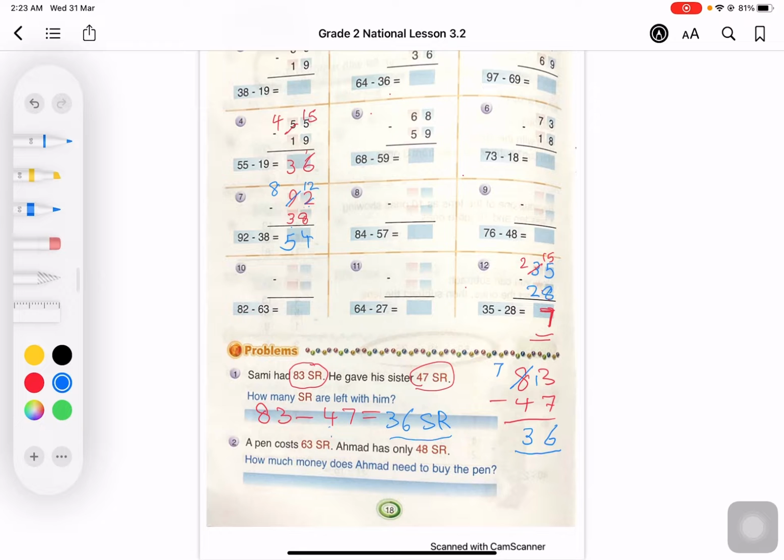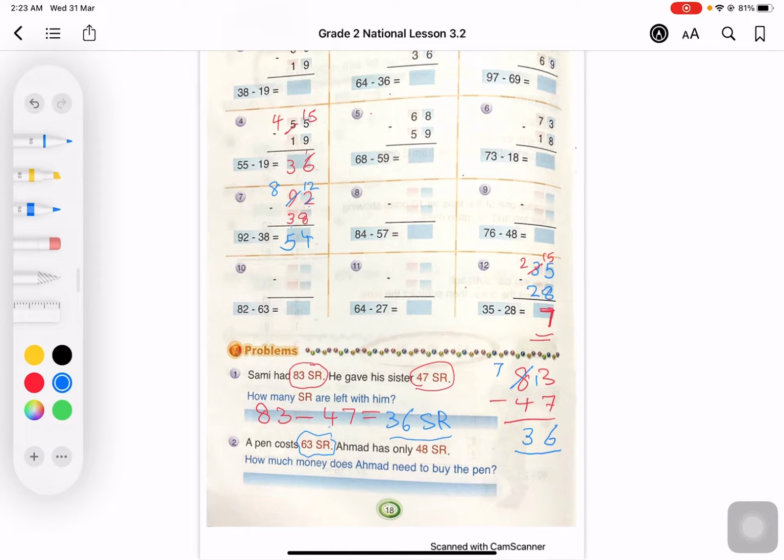الكوست حقه البن لما راح المكتب وسأل قالوا له حق القلم, the price of the pen is 63. He has some money. He counted his money. عدي فلوساته لقي إنه معه 48 ما بكفوا. So he needs more money to buy his pen. How much money does he need to get the pen?